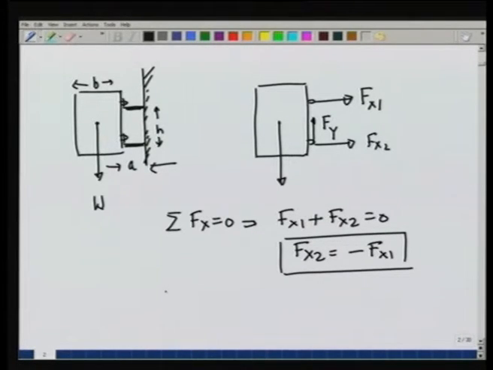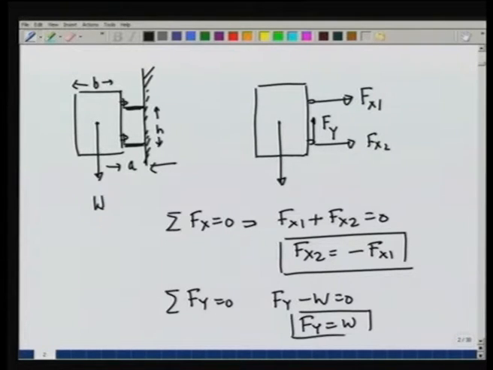Similarly, the condition summation F y is equal to 0 gives me F y minus W is 0, or F y is equal to W. You may ask at this point, how come these two forces F x 1 and F x 2 are generated? It is because F y and W give a couple in this direction, and to oppose this there must be horizontal forces generated at the joint to counterbalance this couple. So, we have gotten these two answers.